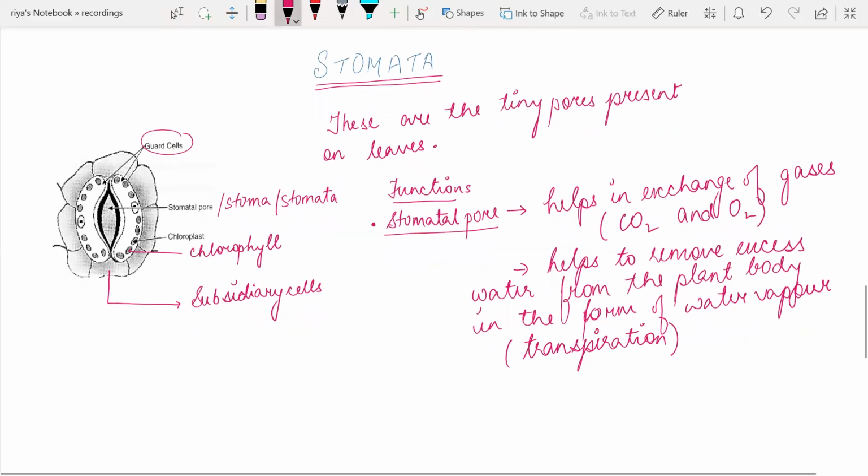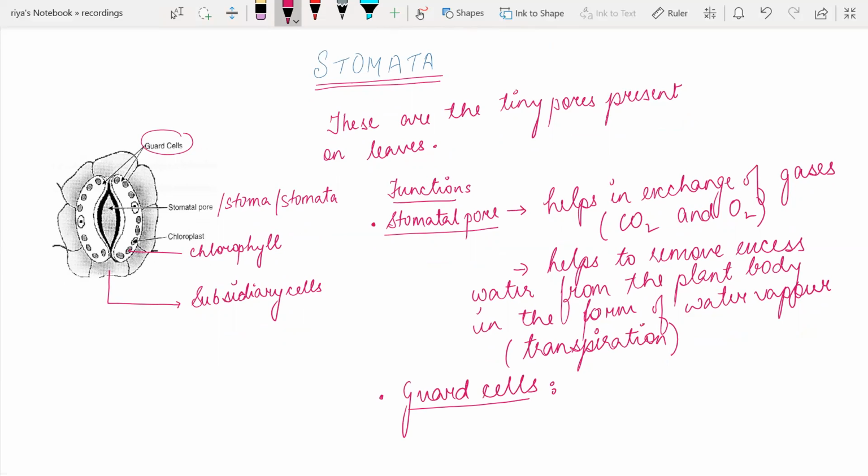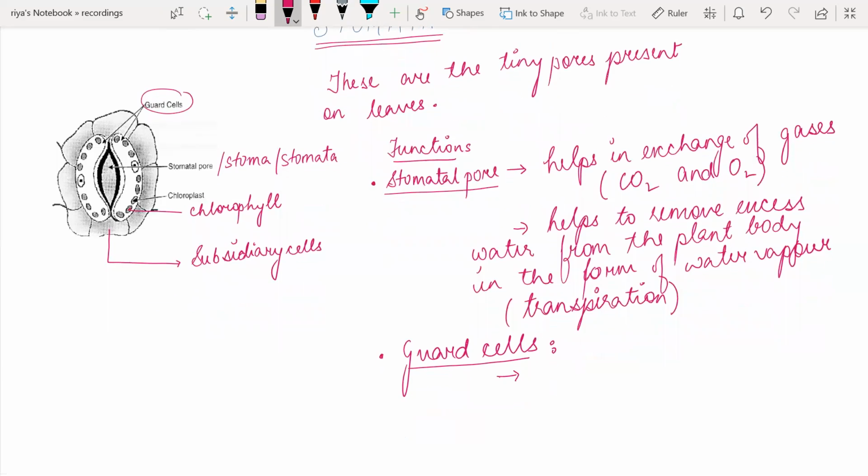Then let's look at the function of guard cells. When we talk about guard cells, it plays an important role. Its main role is in opening and closing of stomata. So let's write the main important role of guard cell. It helps in opening and closing of stomata.